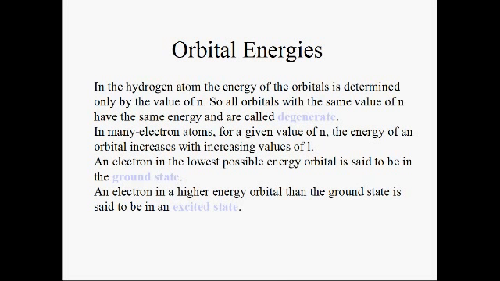So we have the principal energy level and we also have the sublevel. So for one value of n, we see that the energy of the sublevel increases with values of l. So p is higher in energy than s, d is higher in energy than p, and f is higher energy than d.